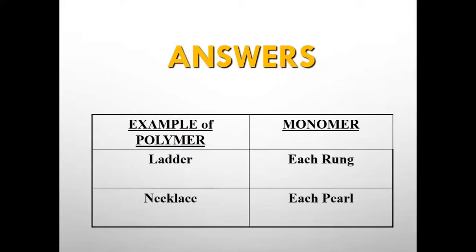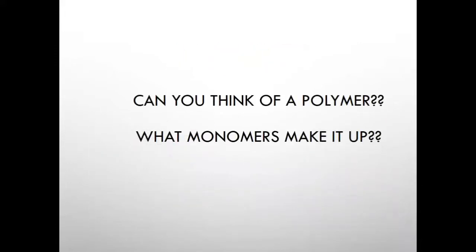So, kung meron kang polymer na ladder, yung bawat strand o yung bawat apakan niya is the monomer. Necklace, it's pearl. Parts of that necklace is a monomer. Isn't it?